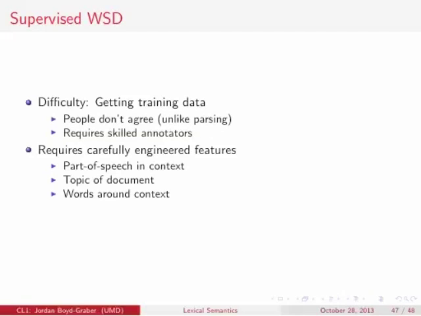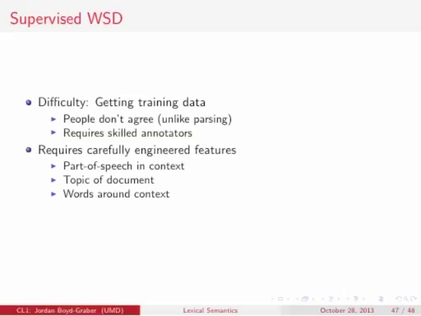But the difficulty with these supervised methods, even though they work better than unsupervised methods, is getting the training data. One big problem is that people don't agree on the sense that's being used in any given context, and even to get relatively high agreement, you need very skilled annotators, carefully trained.